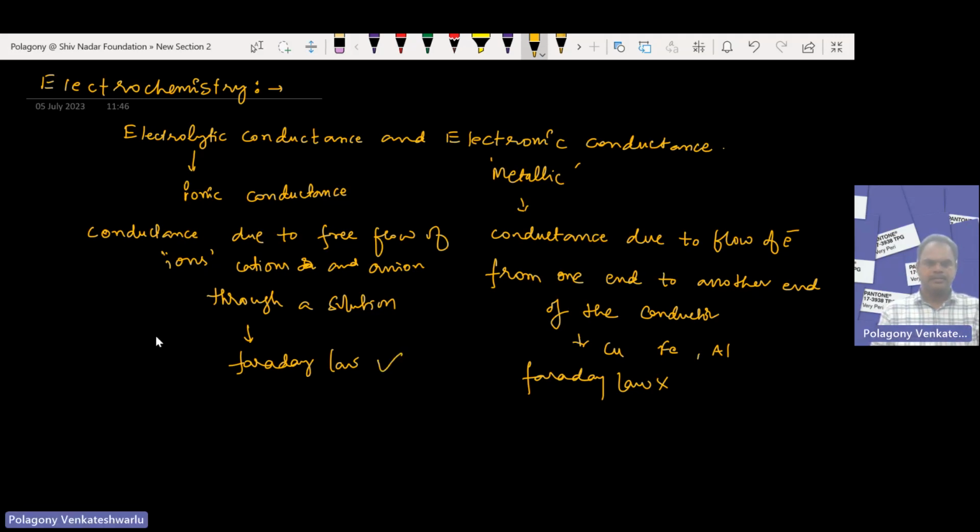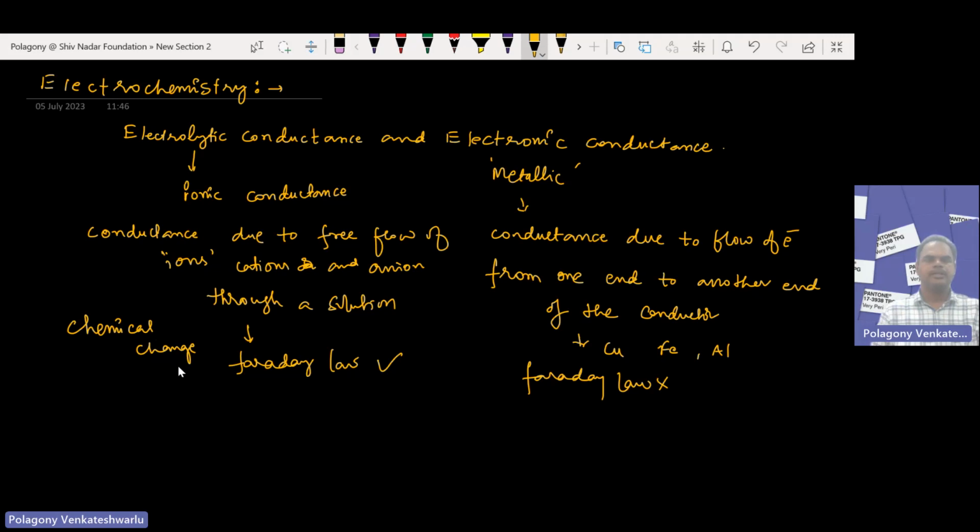A very important thing we must notice is that in electrolytic conductance, we observe a chemical change.